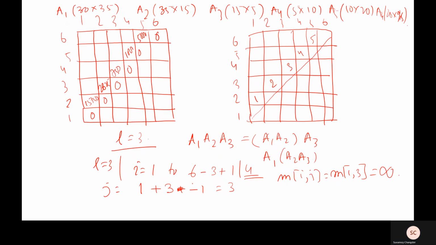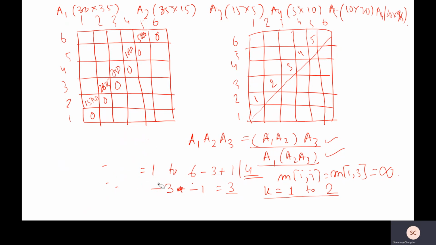Then k equals to i to j minus 1. What is the value of j? 3. Here you see, the k loop will execute twice. Why? Because we have two options and we have to find the minimum among these. This is the main motive of designing all these values, nothing else.